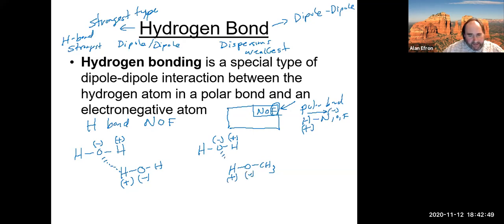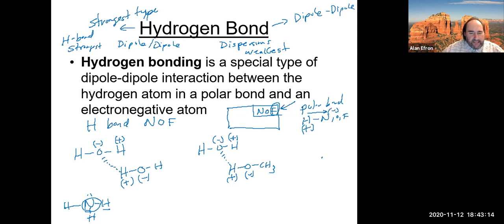And these two different molecules have the ability to hydrogen bond with each other. Now, NH3 can also hydrogen bond. It has a hydrogen that's attached to a nitrogen. It's polar, so it definitely has the ability to hydrogen bond as well.